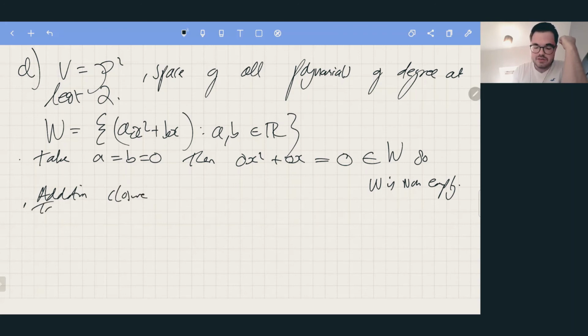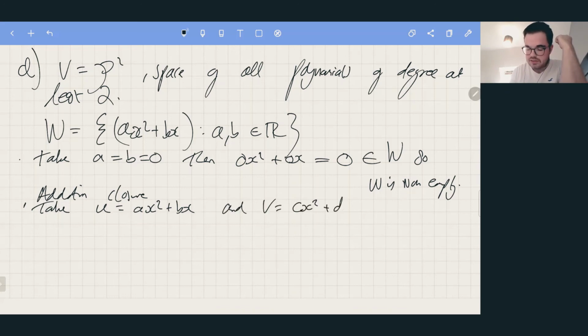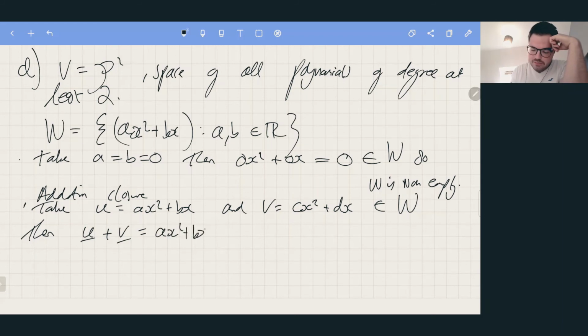So we'll take 2 polynomials in W. Let u equal ax squared plus bx, and v equal cx squared plus dx, both in W. Then we will add them and check that the result is still in W. So u plus v is equal to ax squared plus bx plus cx squared plus dx.